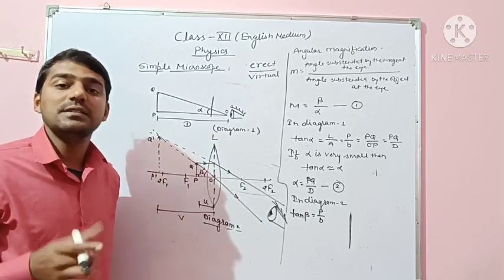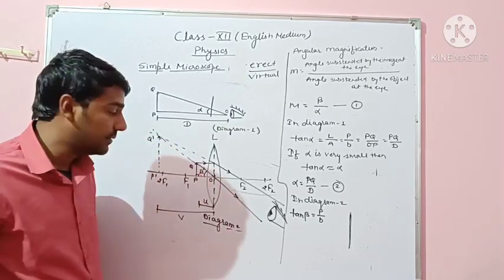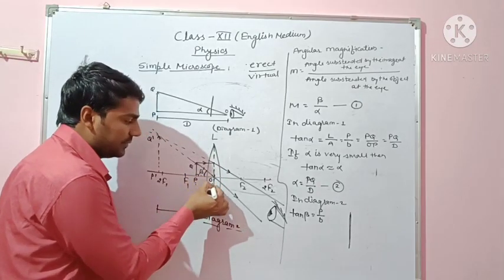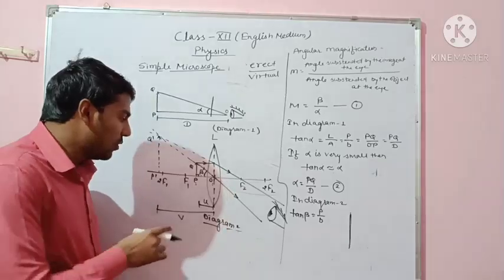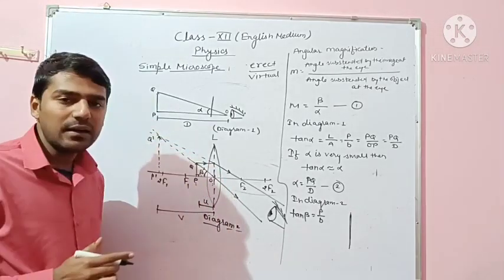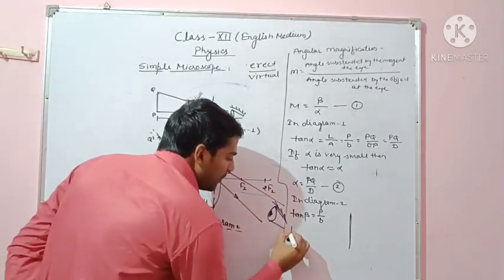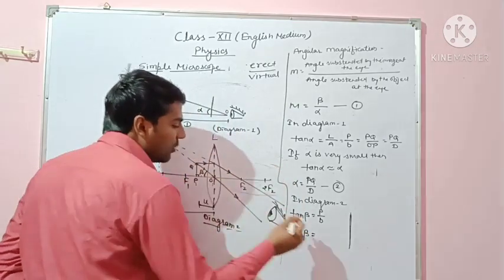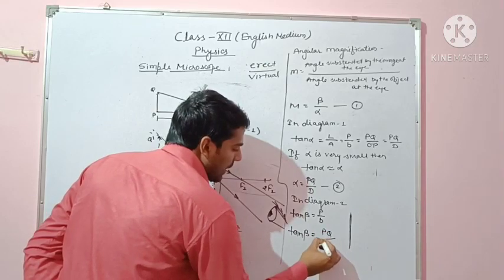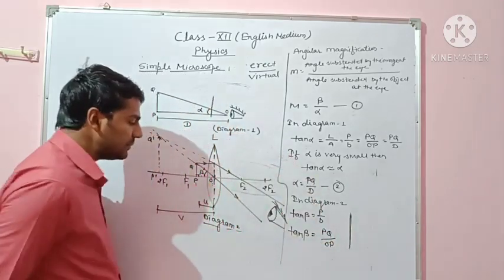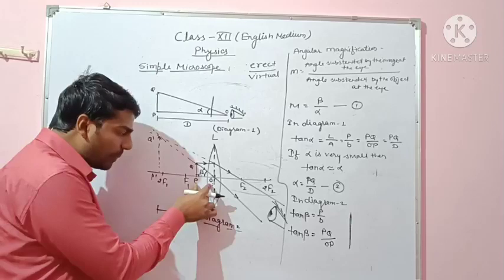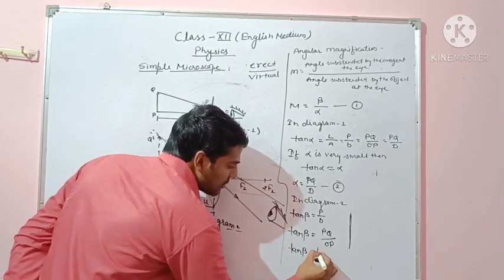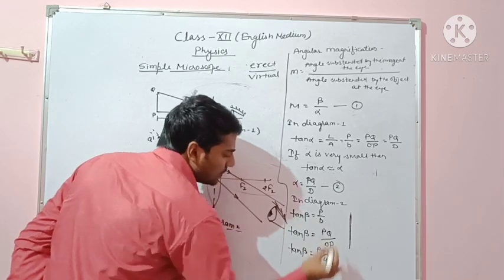The side at which the angle is made is called the base. Here the beta angle is made at the OP side of the triangle, so OP is the base. Here tan beta equals perpendicular PQ upon OP. The distance OP equals U. So tan beta equals PQ upon U.